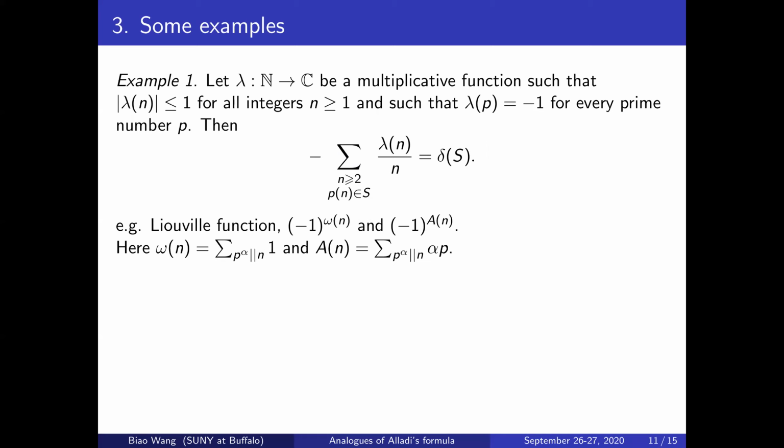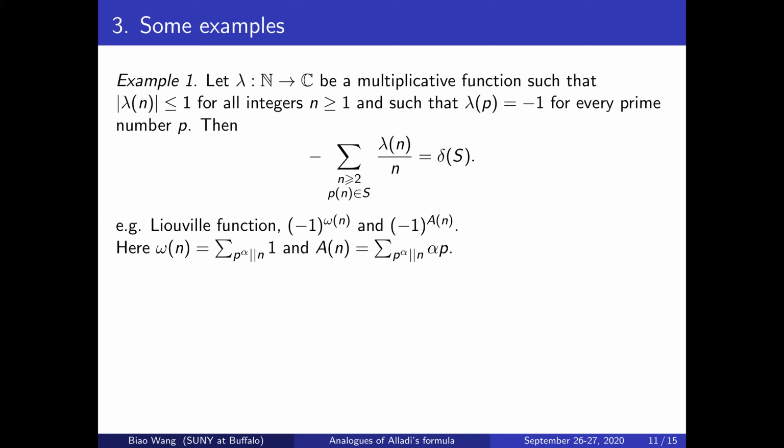Here are some examples for lambda. For example, you can take lambda of n to be the Liouville function, negative 1 to the omega of n, and negative 1 to the capital A of n.